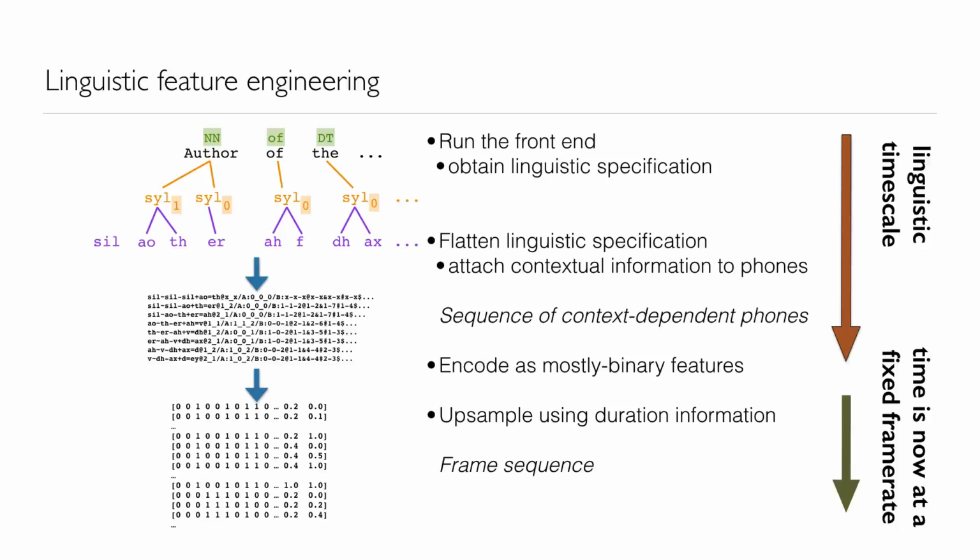So the linguistic time scale will be at the phone level, whereas the input to the neural network training will be at a fixed frame rate after converting to a sequence of context-dependent vectors. So we have to add fine-grained positional information, which comes from the duration, to the linguistic vectors, and this is the whole process. Let's take it a bit slower, and we can look at the individual steps going forward.